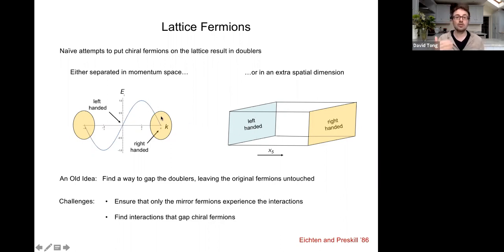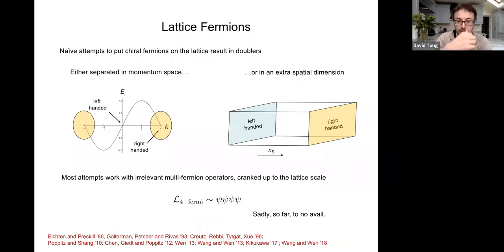In other words, the question of how you put chiral gauge theories on a lattice is really a question of symmetric mass generation. It's exactly what we've been talking about for the last hour. It's how you give collections of fermions a mass, here the doublers, preserving particular symmetries. So Eichten and Preskill had an idea. Eichten and Preskill's idea in this context was to turn on some 4 fermion terms.